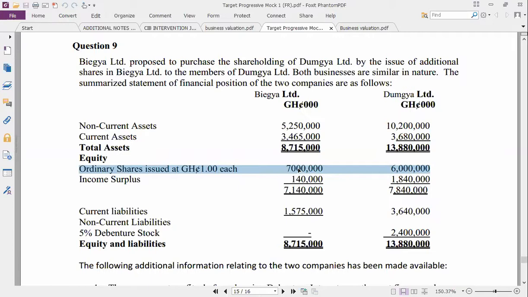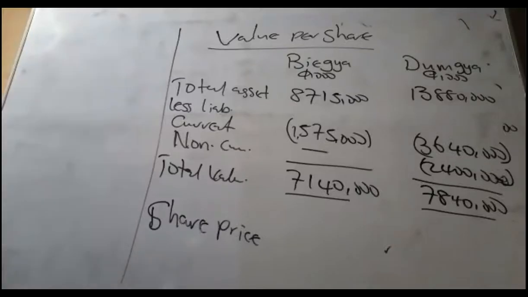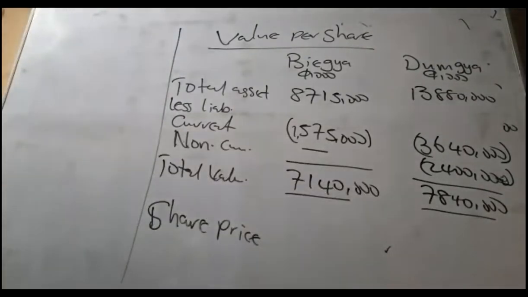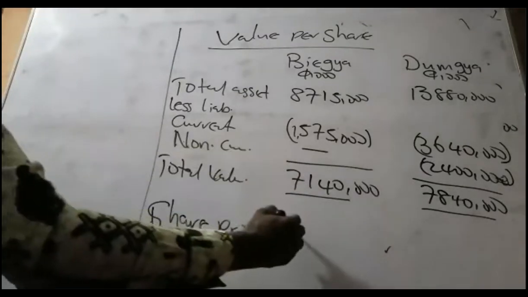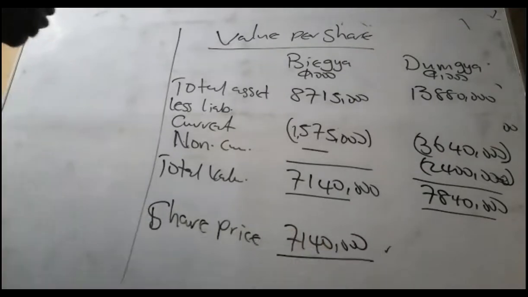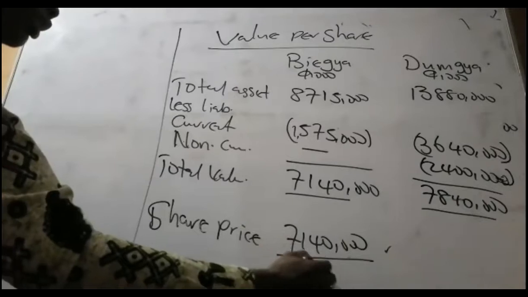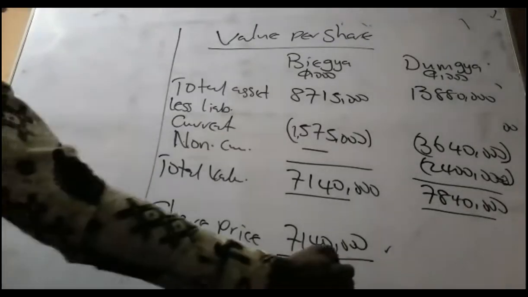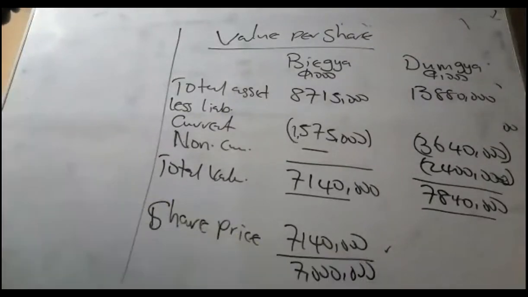So the share price will be 7,140,000 divided by the 7 million, or you can be increasing the zeros.